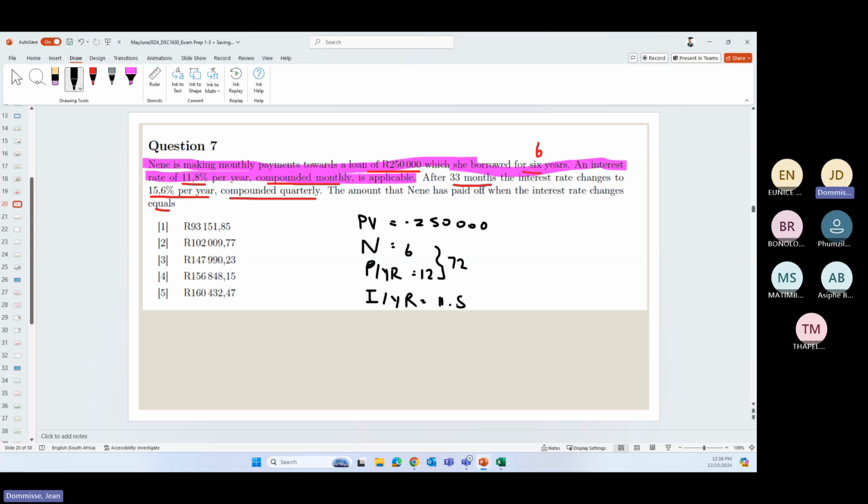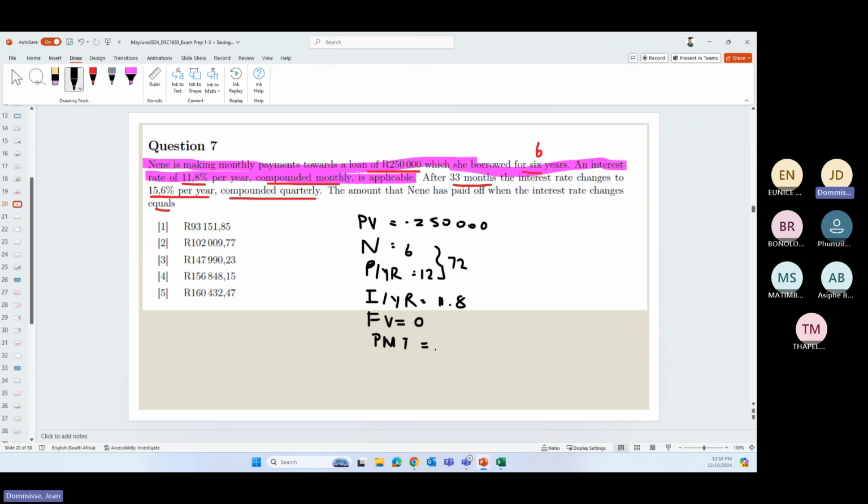Okay, so we know after 6 years the future value will be 0 because it's a loan that she pays off. So let's see what that monthly installment is that she is making, because that is what we will need when we check how much she has paid off.